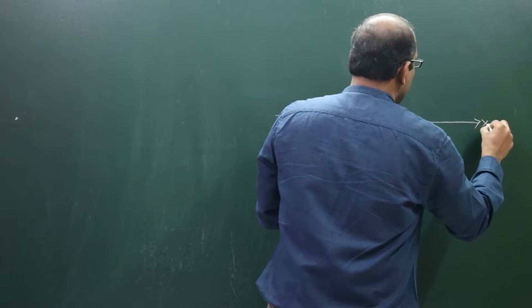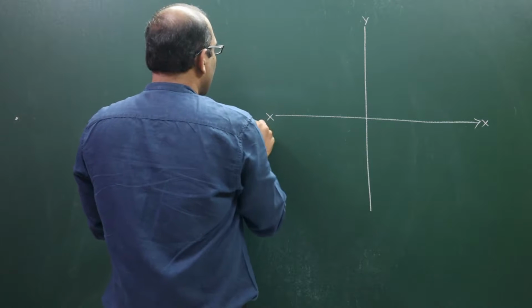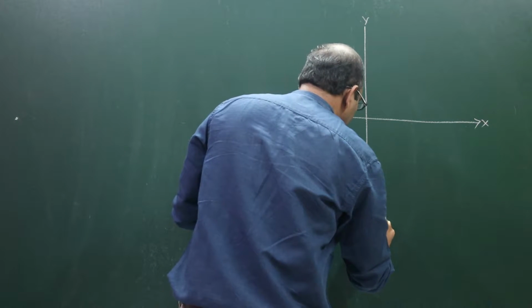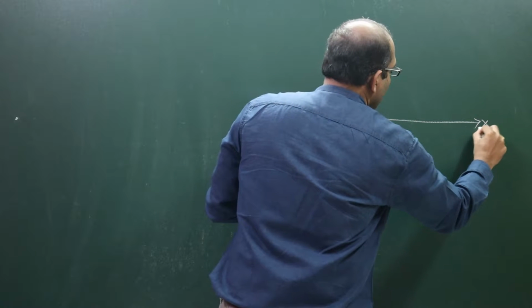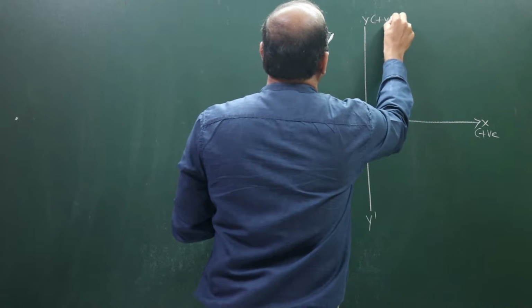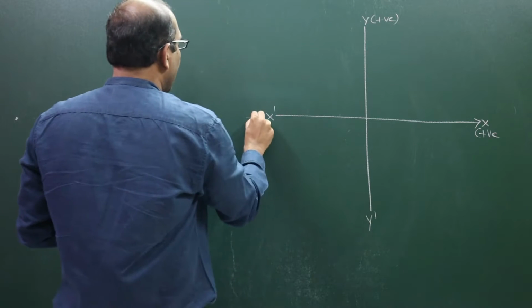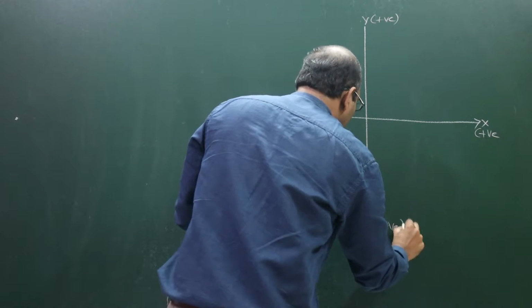As we know, this is the positive x-axis, this is the positive y-axis, this is the negative x-axis, and this is the negative y-axis.